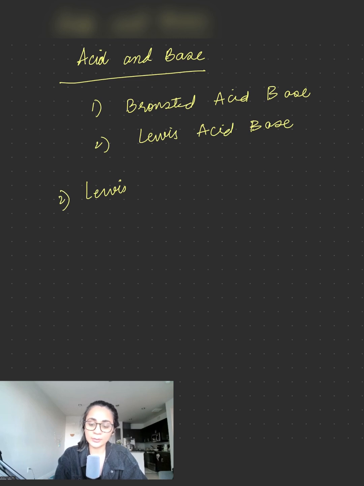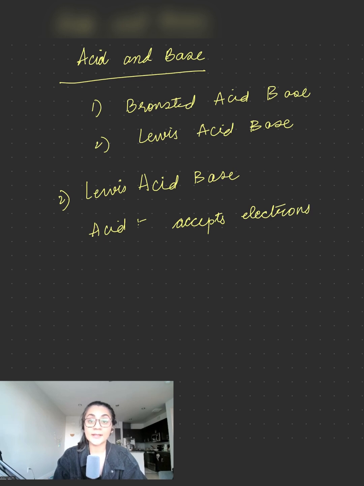According to the Lewis acid base definition, an acid is a compound that accepts electrons, and a base is a compound that donates electrons.